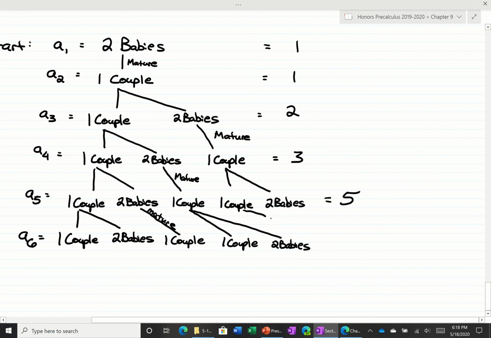This couple moves on, but because they're already mature, they have 2 babies. And then the 2 babies in the previous year, they're going to take this year to mature and turn into a couple.